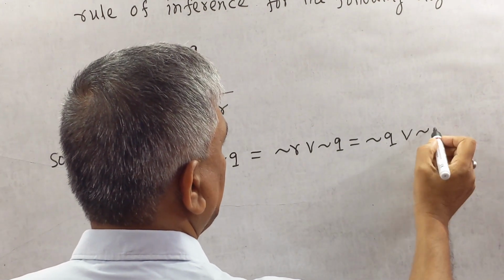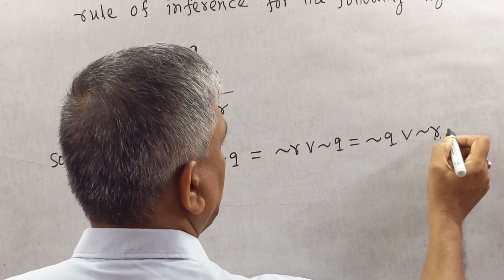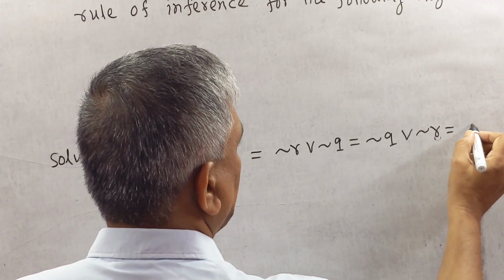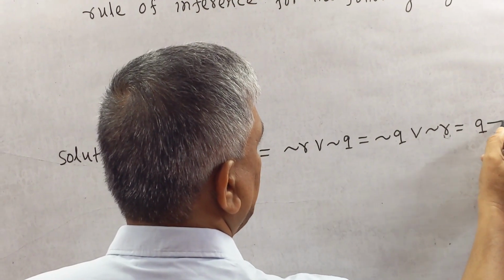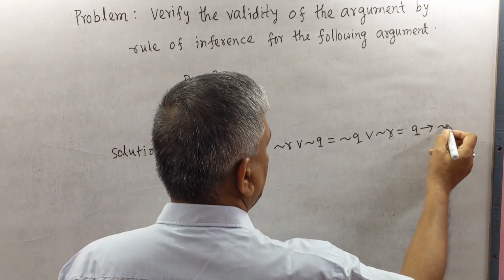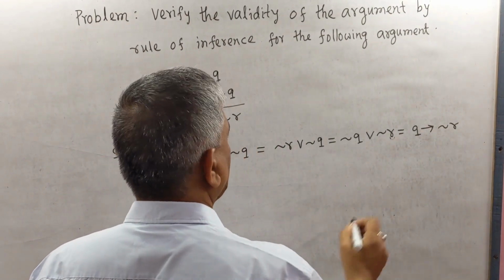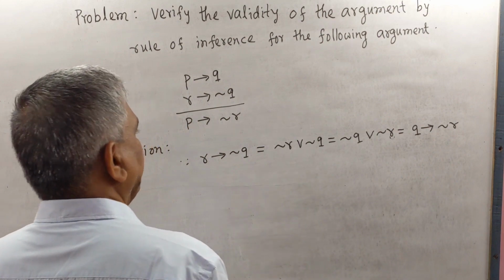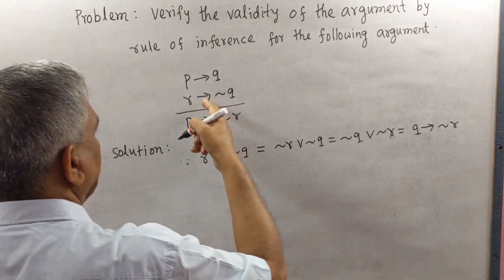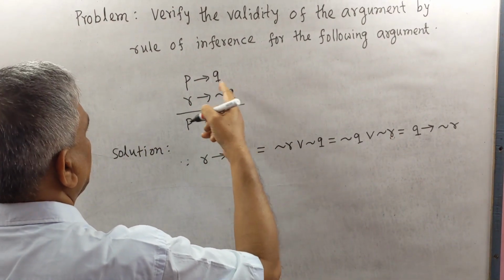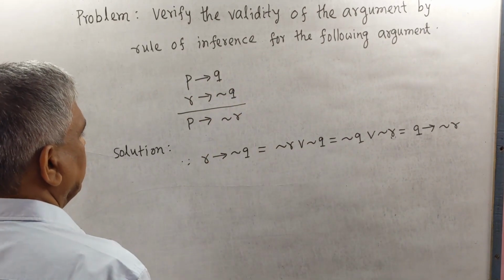Negation Q disjunction negation R equals Q implication negation R. We may use this in the second row. This is the first row, this is the second row.